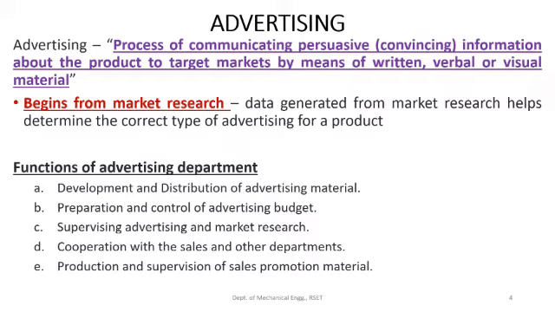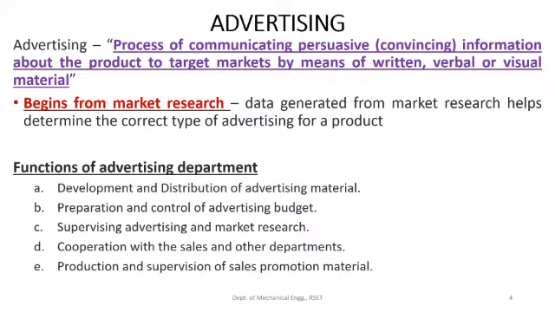Now, advertising begins from market research. Market research helps you to understand your target market, what their needs are. It also helps you to understand who your competitors are, what the strategies and the marketing communication tools are that they use. So the data generated from market research helps to determine the correct type of advertising for a particular kind of product.